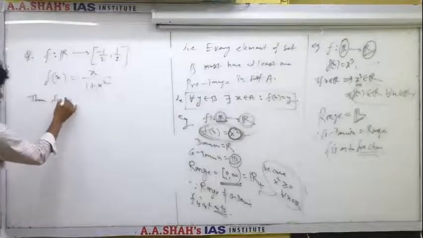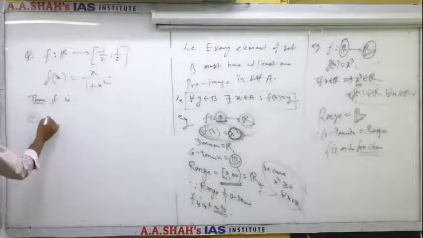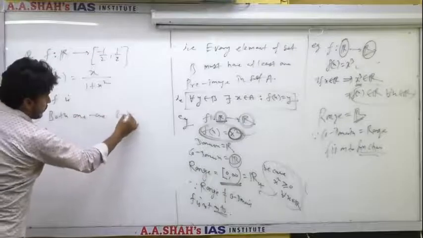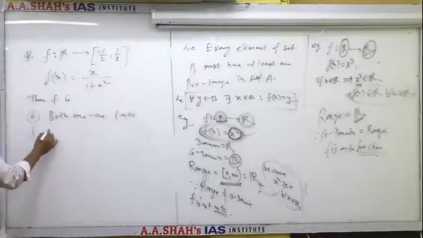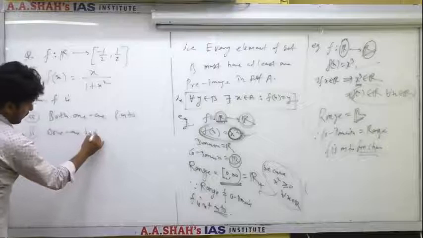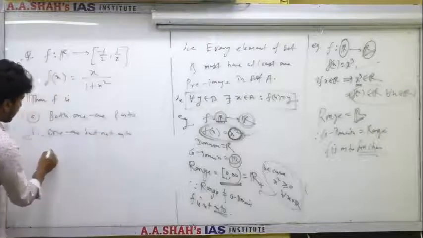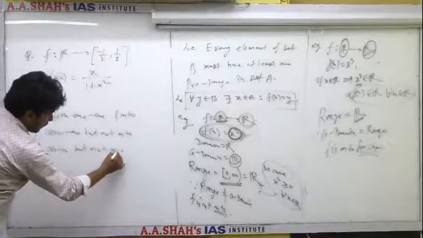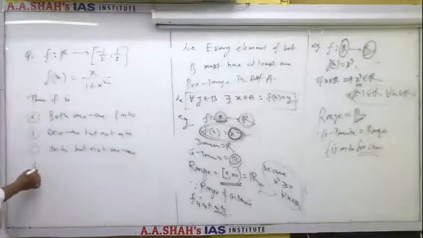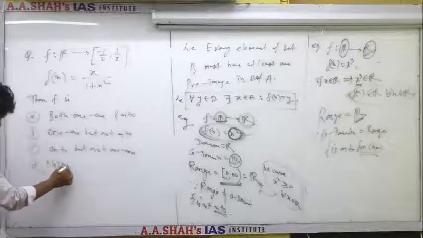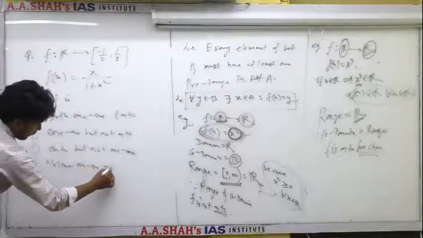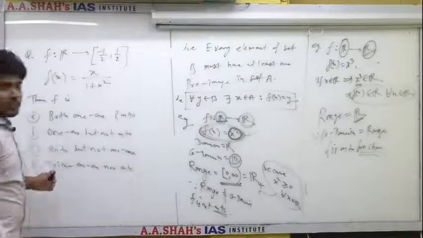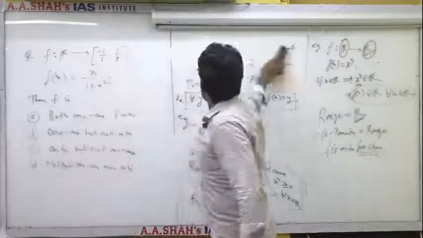Then f is: option A, both 1-1 and onto; option B, 1-1 but not onto; option C, onto but not 1-1; and option D, neither 1-1 nor onto. Recently in an interview I was asked this question.